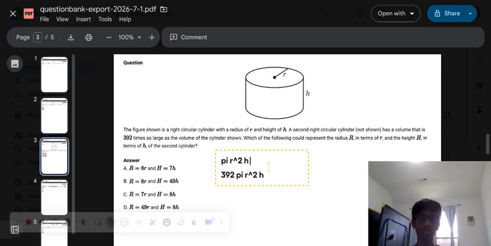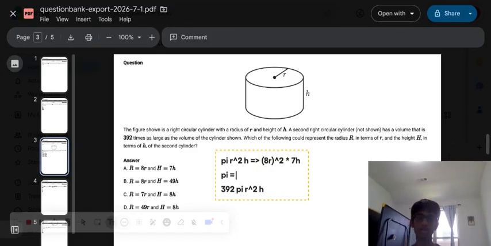So how are we going to do that? This is a bit of a plug and chug type method to use. So you have 8r as your radius now. So 8r squared times 7h times pi.